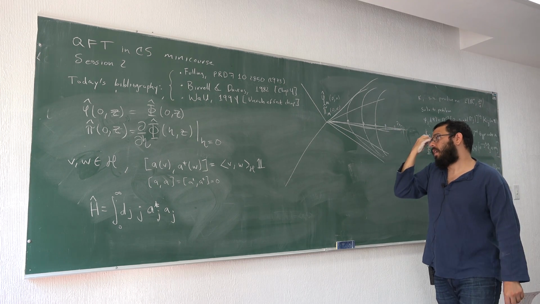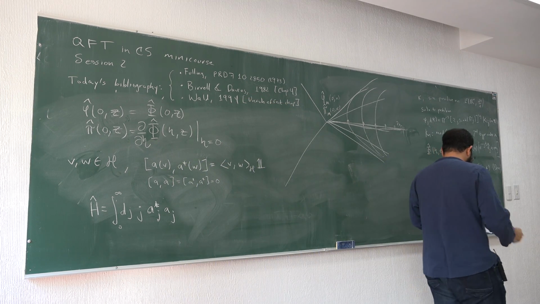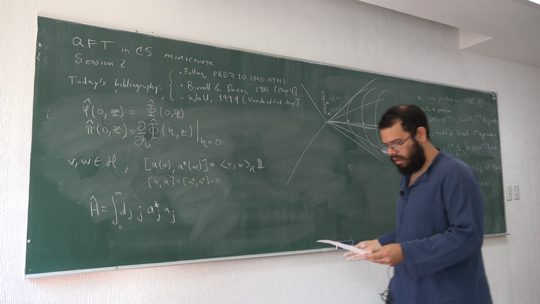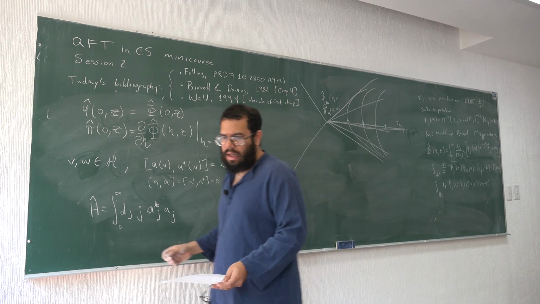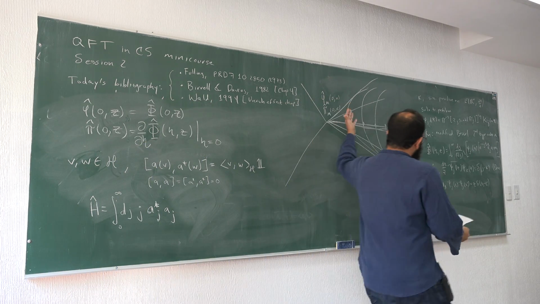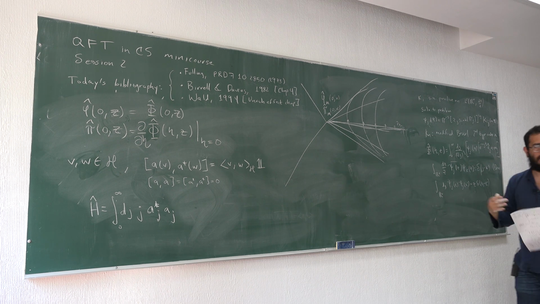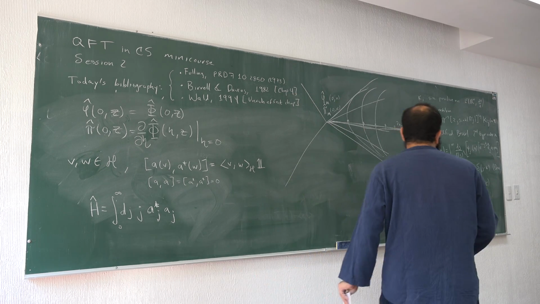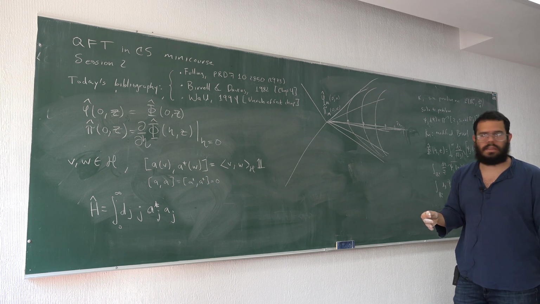Okay. So now let me do something else. Let me write the field in terms of Minkowski coordinates, and in terms of these Minkowski creation annihilation operators, and also in terms of these new ones. This will give us a relationship between these creation annihilation operators and the ones that we had in Minkowski space, okay?